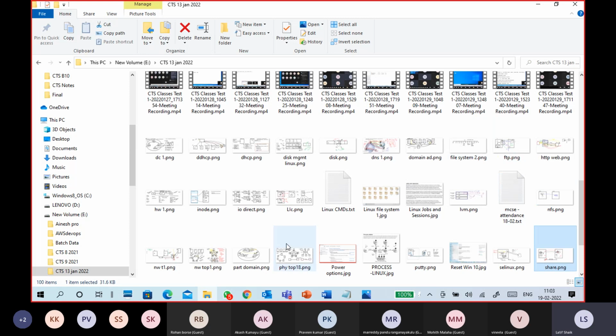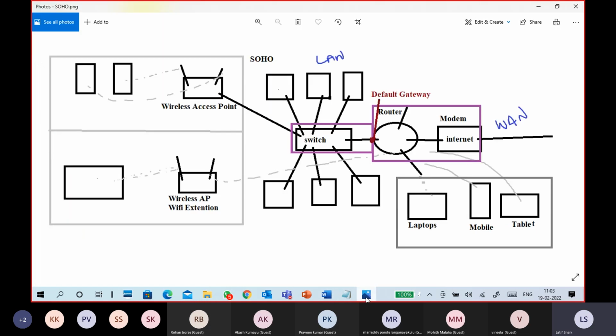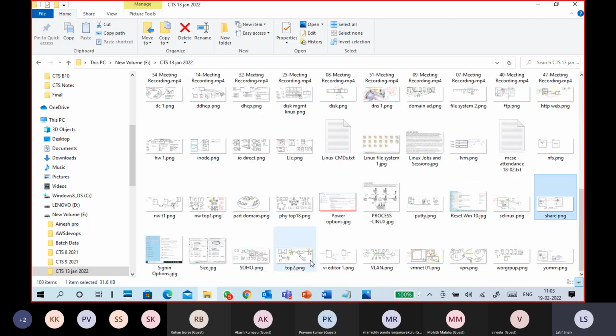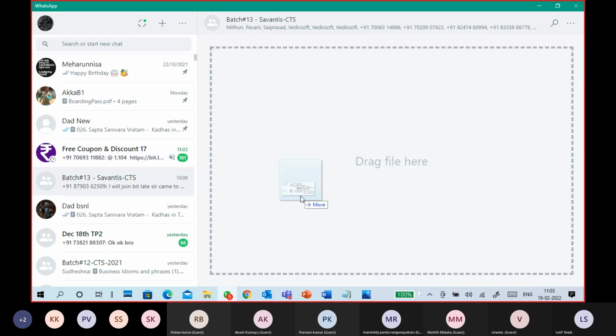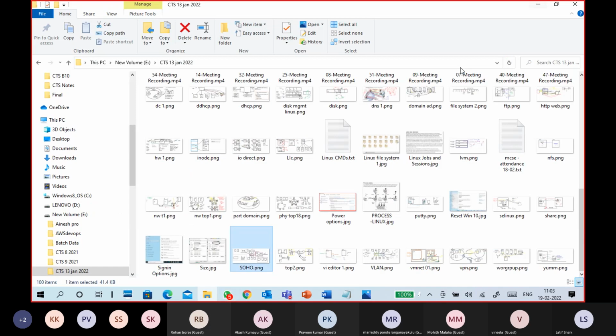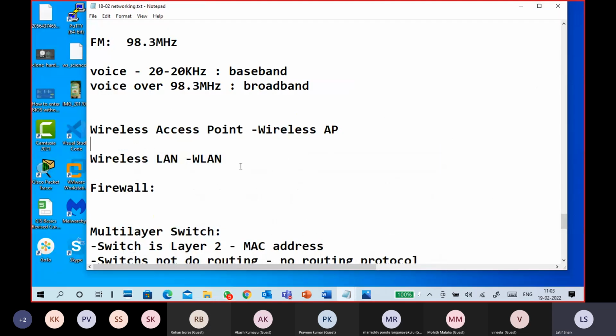I don't know where. Yeah, we can get the title of the picture. Yes, this is the picture. So go through this picture. Okay, so this is how it is connected.